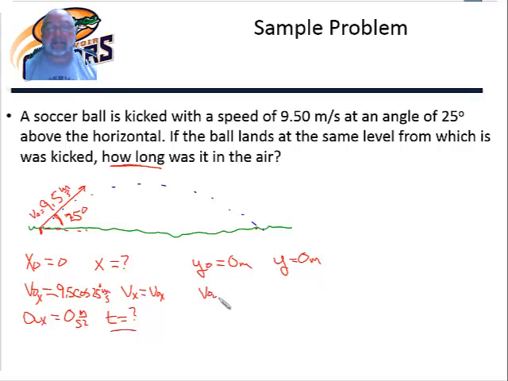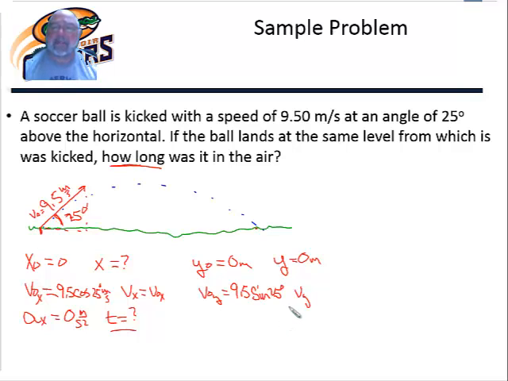The initial velocity in the y direction is equal to 9.5 meters per second times the sine, because we're looking at the opposite side of the triangle, sine of 25 degrees. Do we know what the final velocity is?